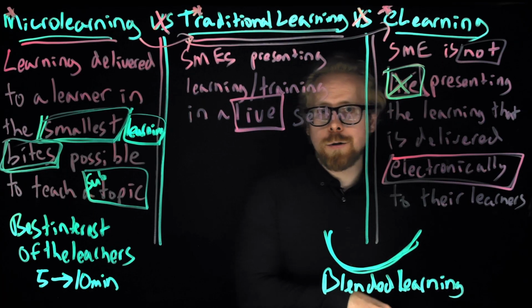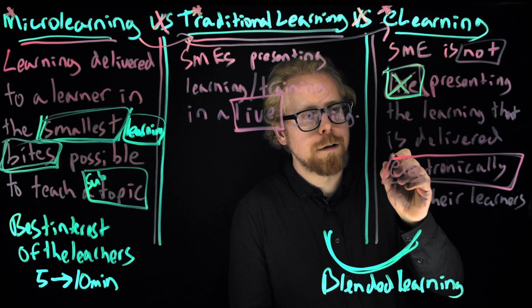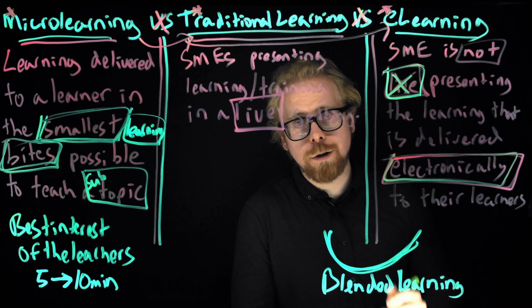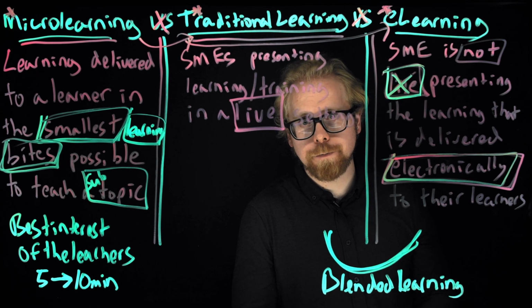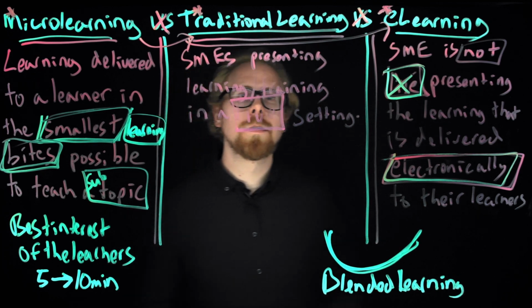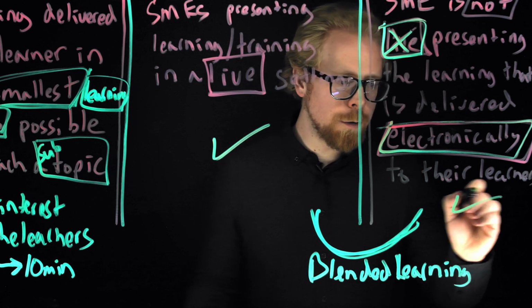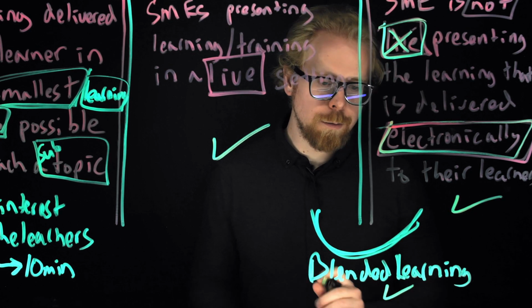And retrospectively, they can go and search for their answers, because it's electronic and it's micro. So microlearning can be added to traditional learning, e-learning, and of course, blended learning.